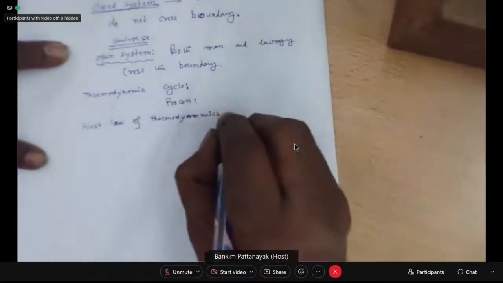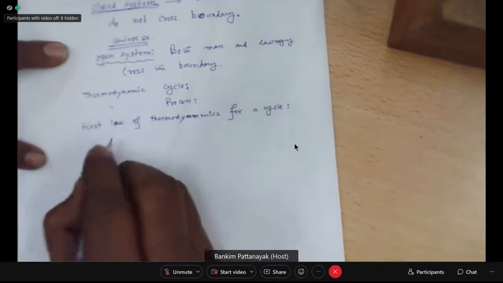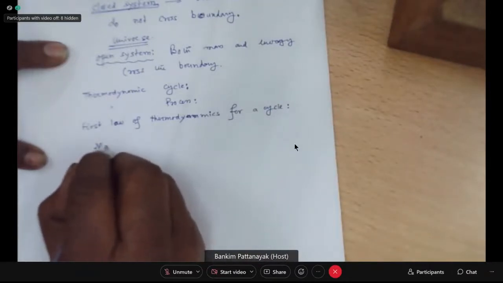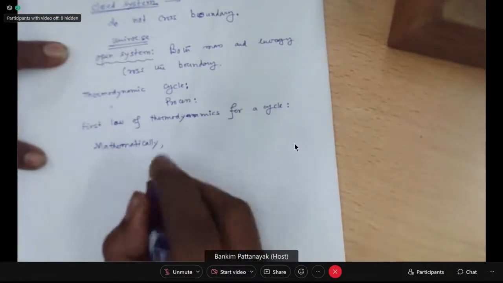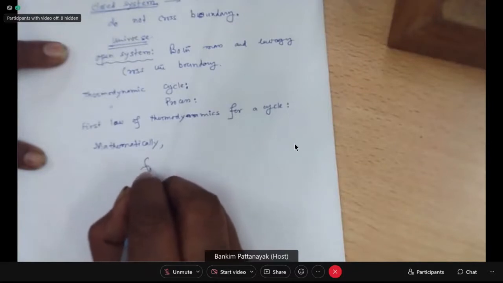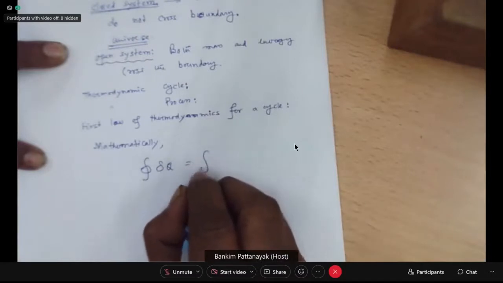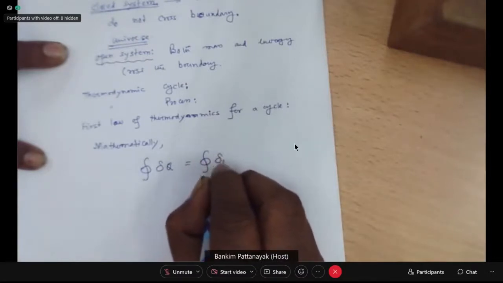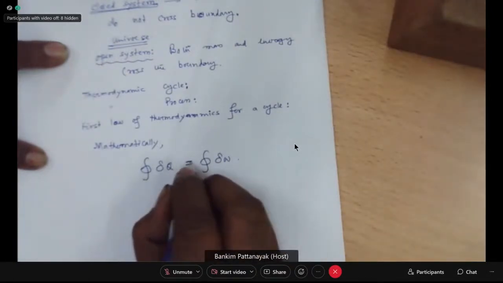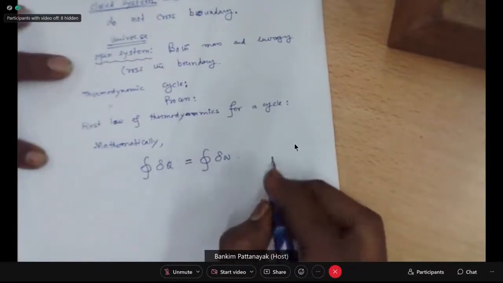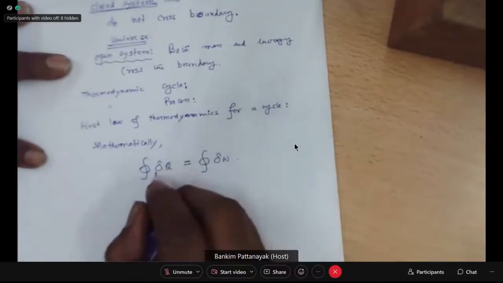First law of thermodynamics for a cycle. Mathematically speaking, cyclic integral of del Q is equal to cyclic integral of del W. Why is it del Q and not dQ?